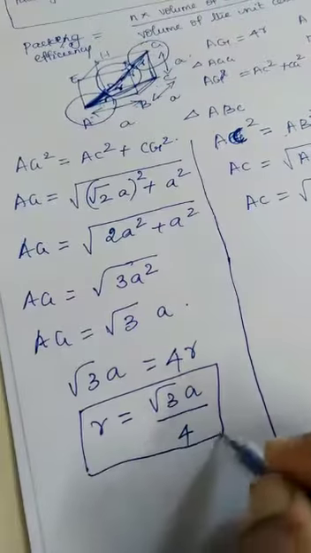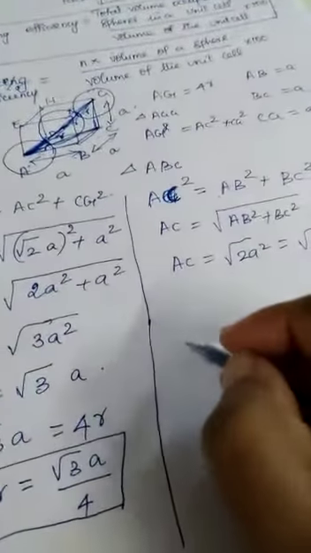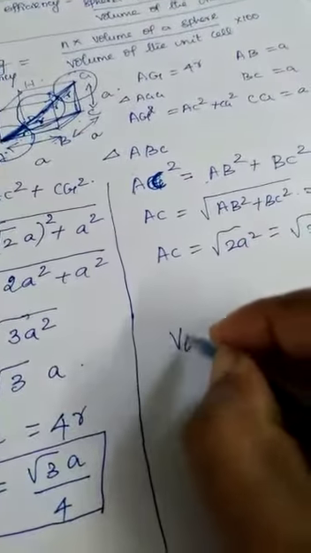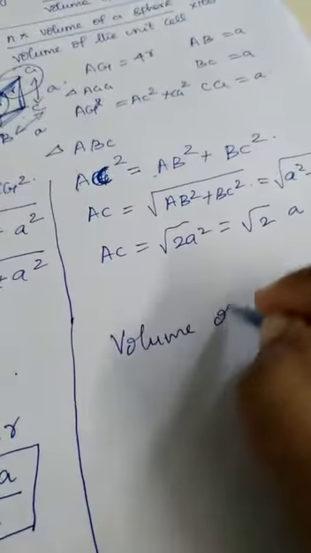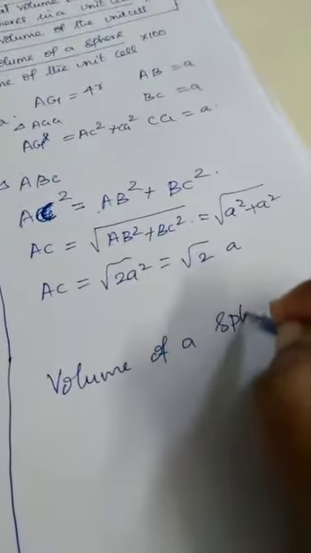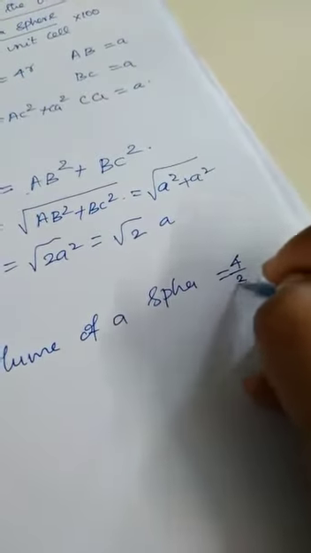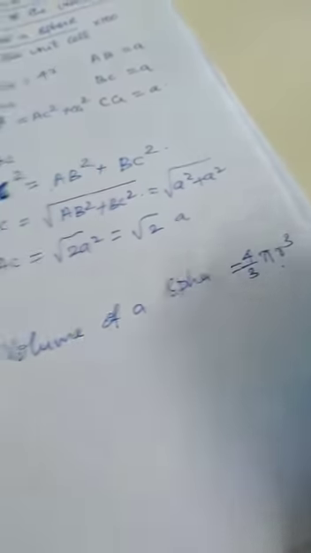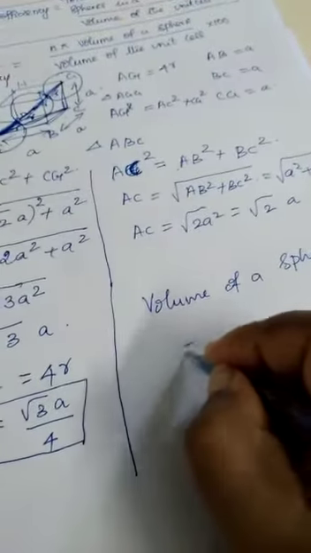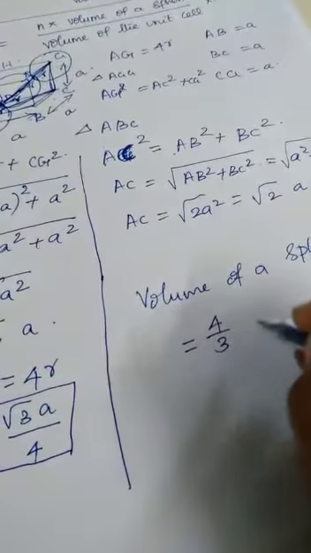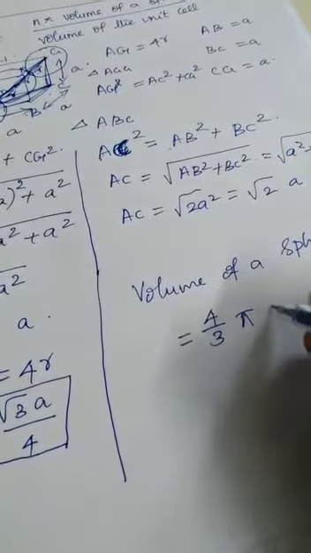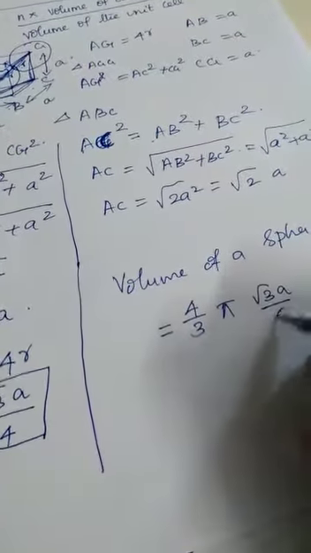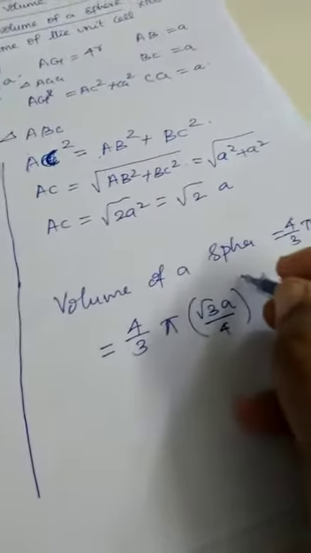And you know the volume of a sphere with radius r. So volume of a sphere is equal to 4 by 3 pi r cube, and r value you can substitute, that is equal to 4 by 3 pi root 3a by 4 the whole cube.